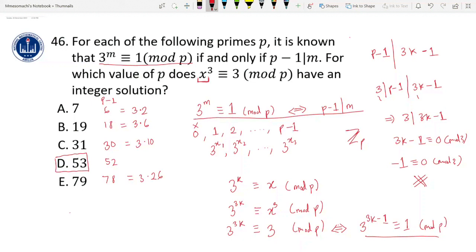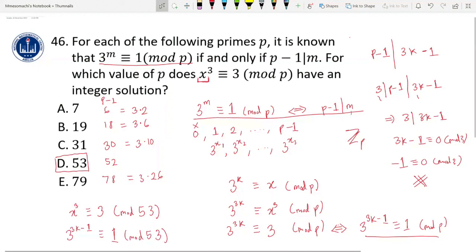So we have x cubed; we want x cubed to be congruent to 3 mod 53. We got that 3 to the power 3k minus 1 is congruent to 1 mod 53.